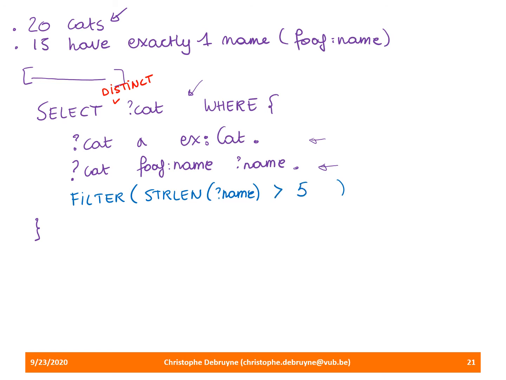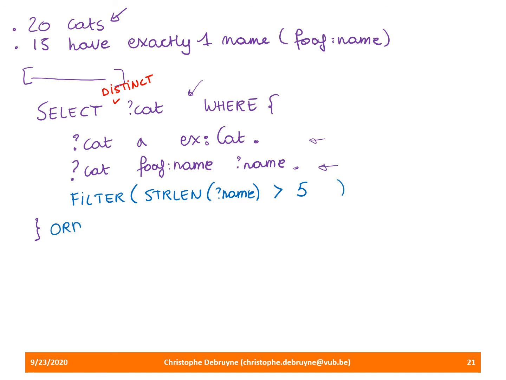Great. So if 10 cats have a name that is longer than 5 characters, those will appear in the result set.